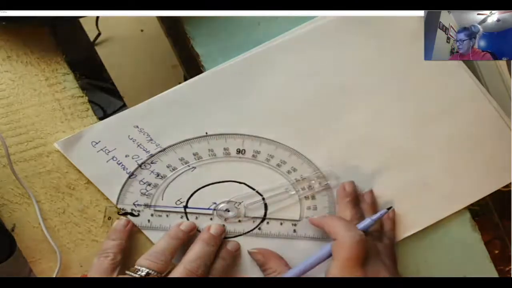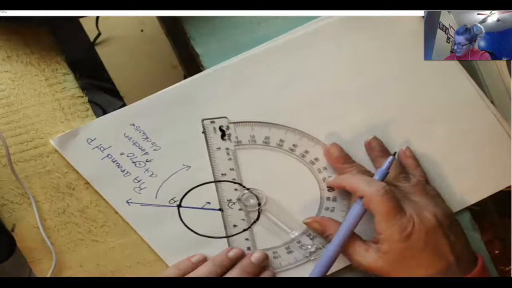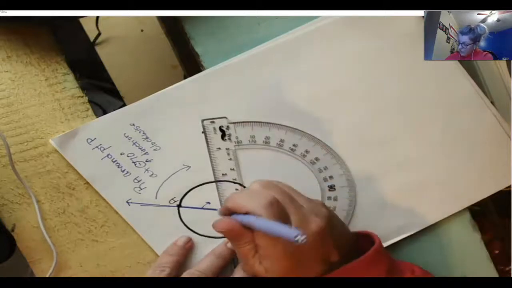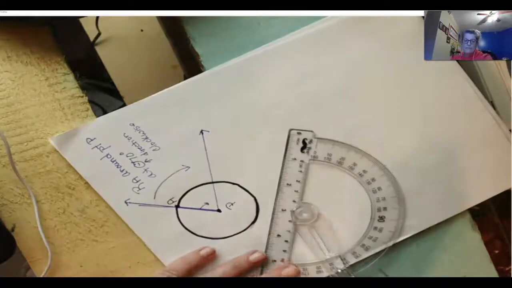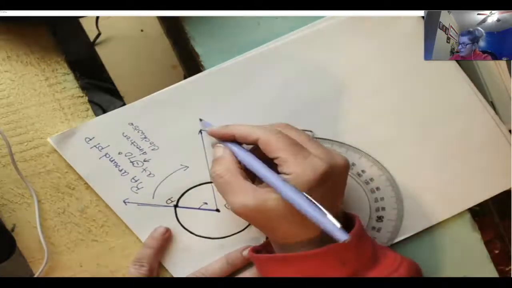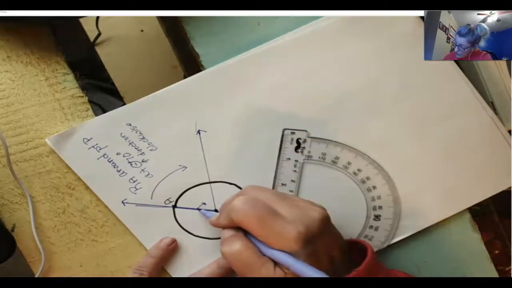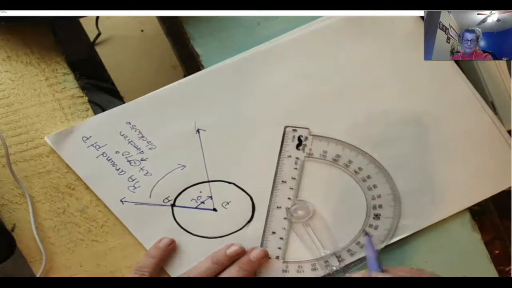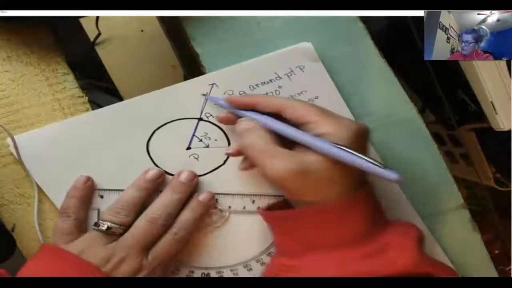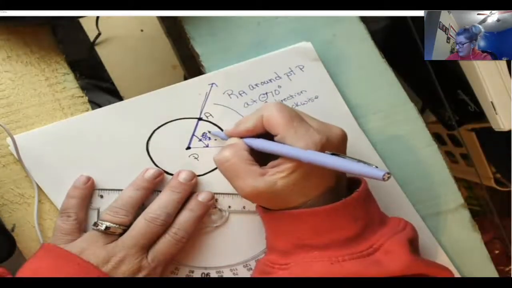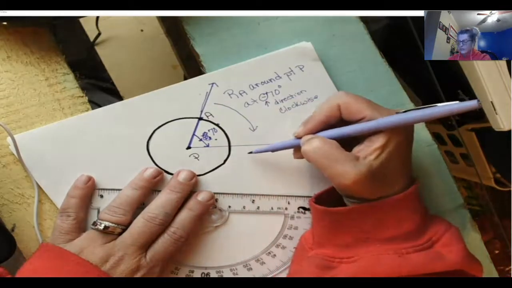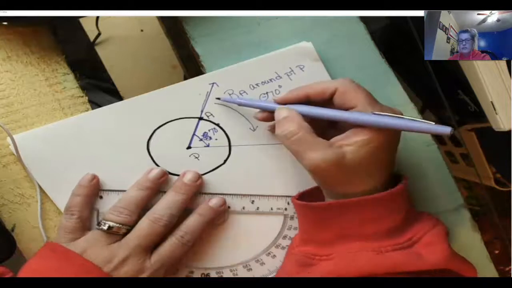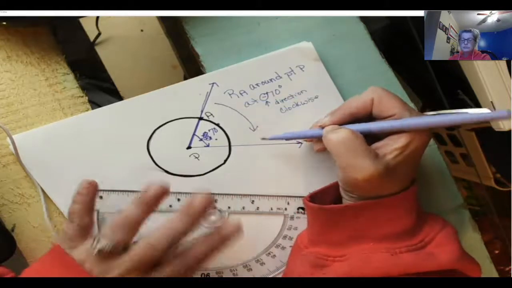Okay? So I'm going to draw a line from my vertex to my 70. Okay? So this is going to be the location. This is officially 70 degrees out. Okay? I don't like it sideways. This is officially 70 degrees from A down to here. Okay? And the negative is telling us which direction to go in.